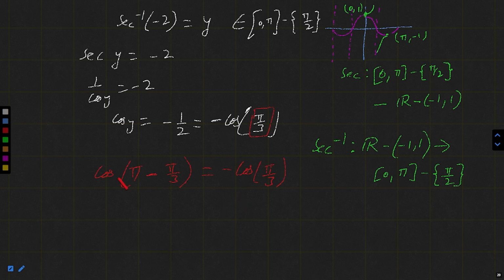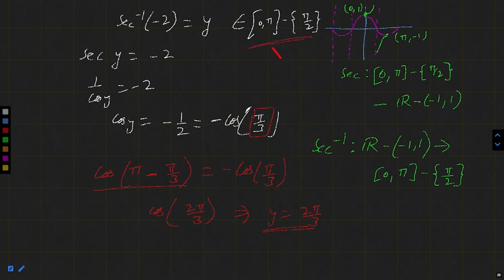Or you can even verify this by applying the cos a minus b formula. From this, this is equal to cos 2 pi by 3, and from this I can say y is equal to 2 pi by 3.